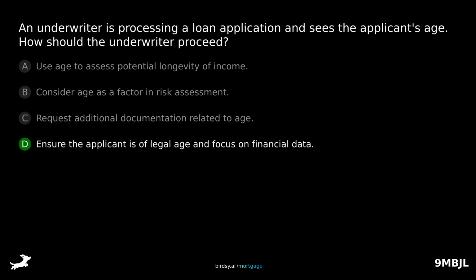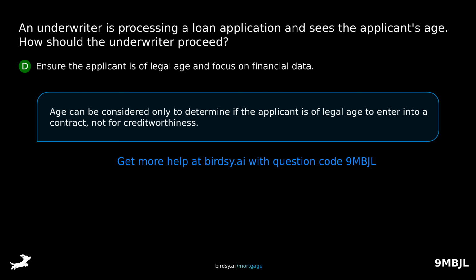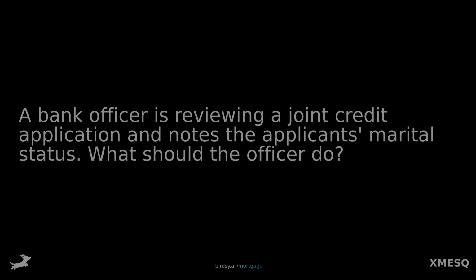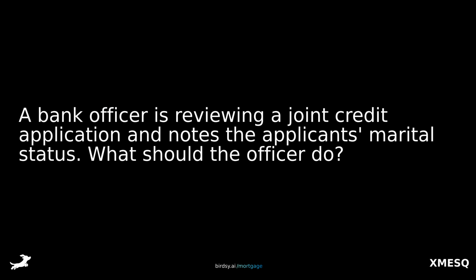The answer is D. Ensure the applicant is of legal age and focus on financial data. Age can be considered only to determine if the applicant is of legal age to enter into a contract, not for creditworthiness.